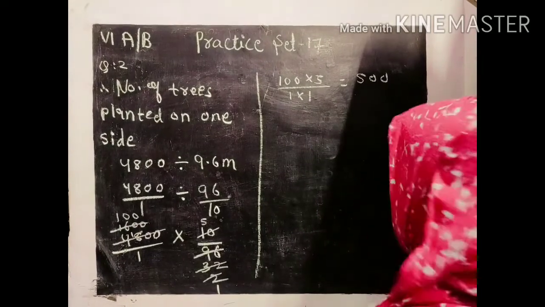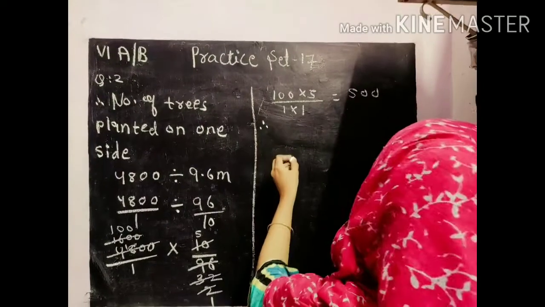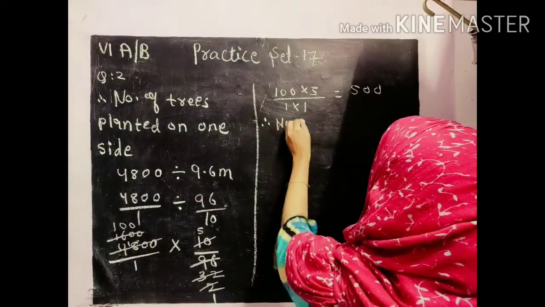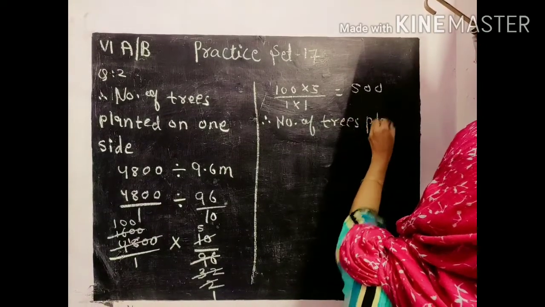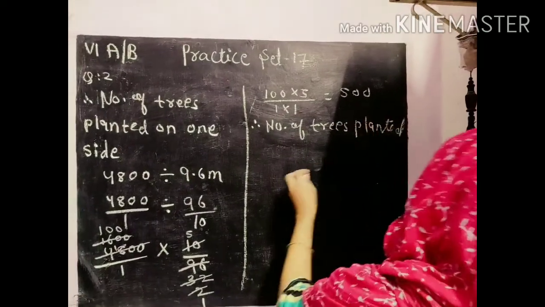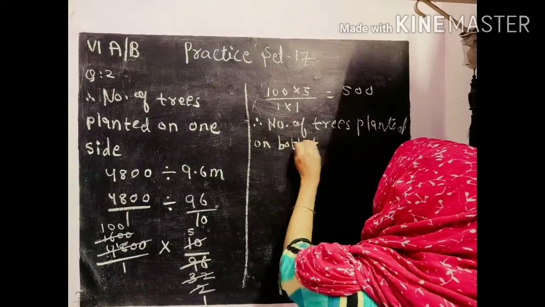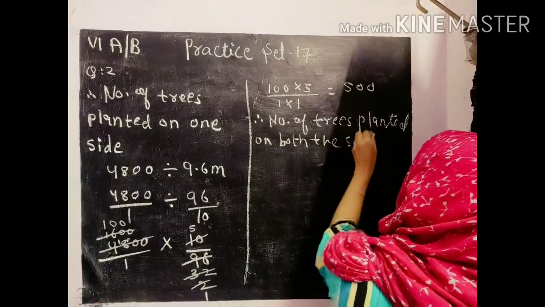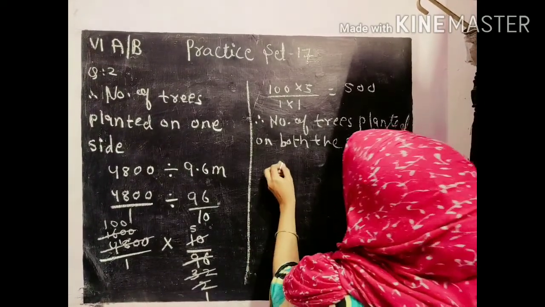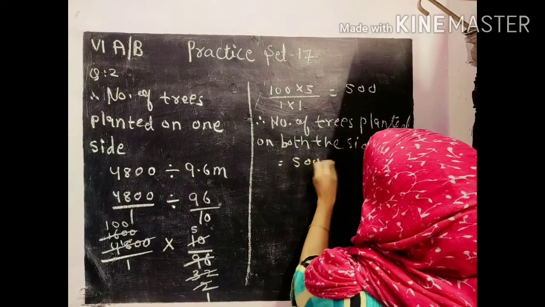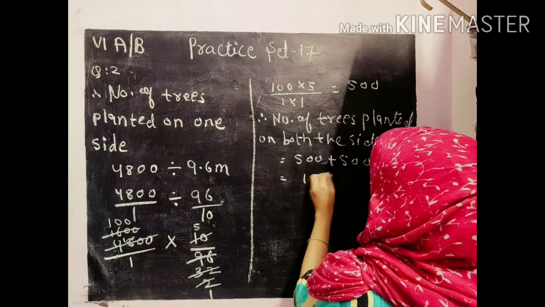Now we have to find out the number of trees on both sides. Therefore, the number of trees planted on both the sides is 500 plus 500, and the answer will be 1000.